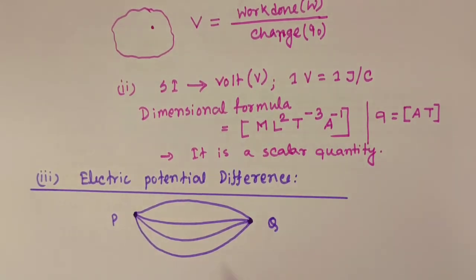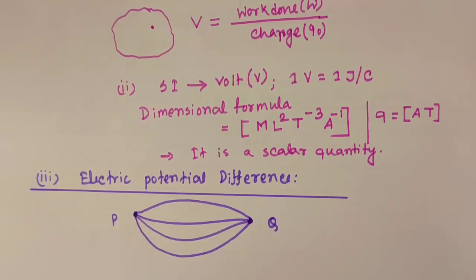Electric potential difference between 2 points P and Q is equal to the work done by external force in moving a unit positive charge against the electrostatic force from point P to point Q, or from point Q to point P along any path between these 2 points.